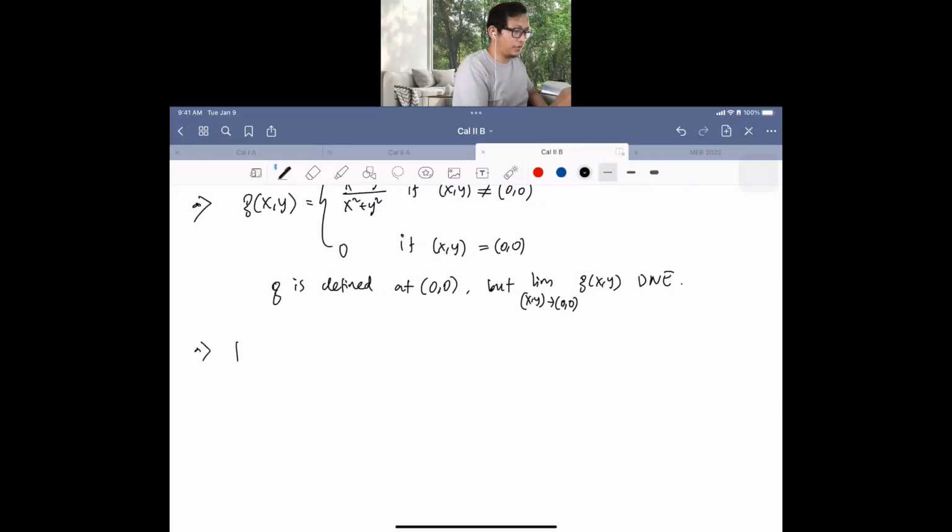Now we have another one. Let's make it another piecewise.